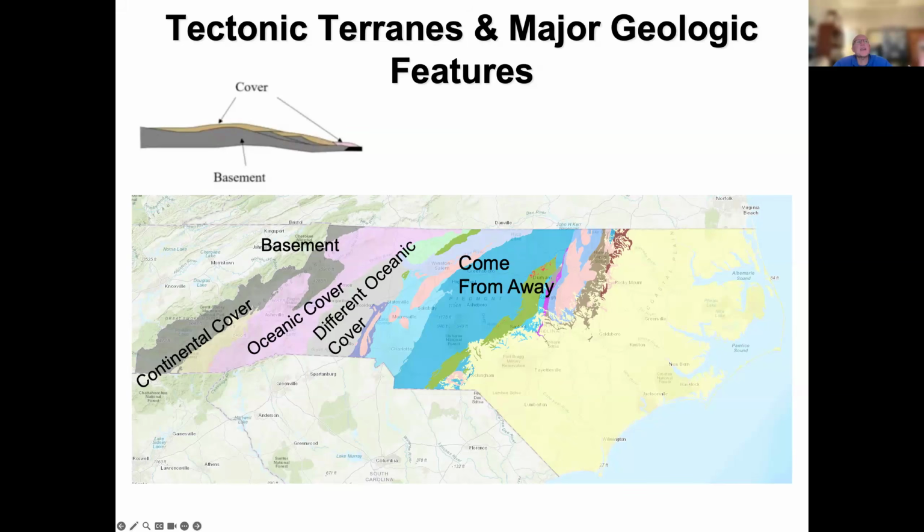But that's oceanic cover. And then we come across this kind of green thing that says different oceanic cover. And we'll cover that, but there's two different oceans represented there with the cover that would be on top of them. And then moving further to the right, I got this thing called come from away.